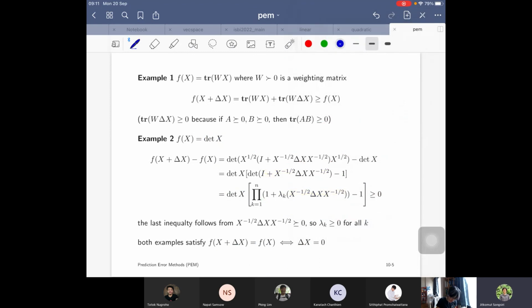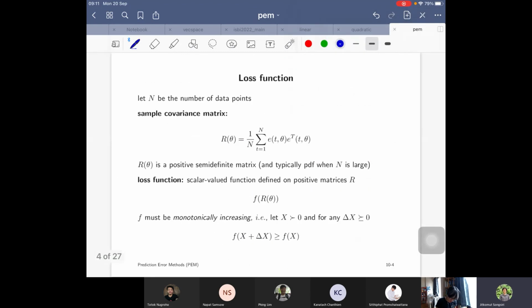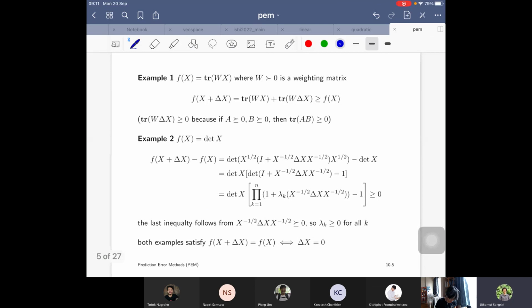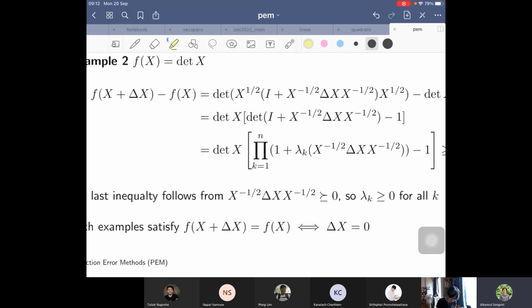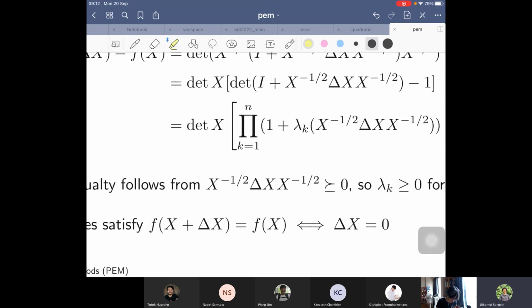One important property I forgot to mention is that this loss function requires that the function value of the perturbed x equals f of x if and only if the perturbation is 0.